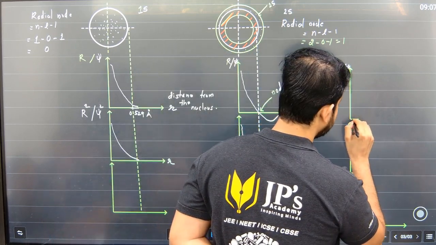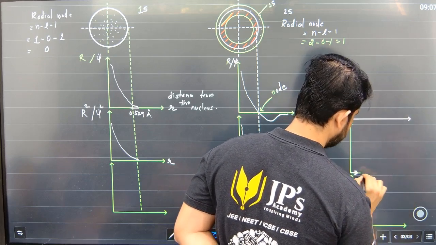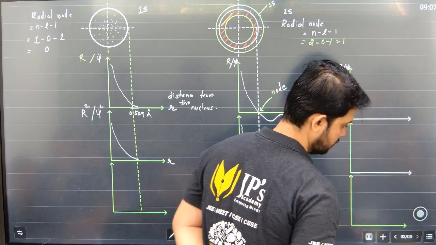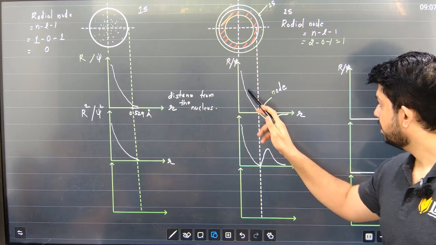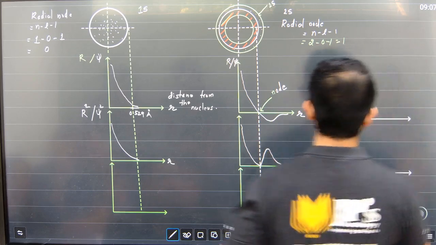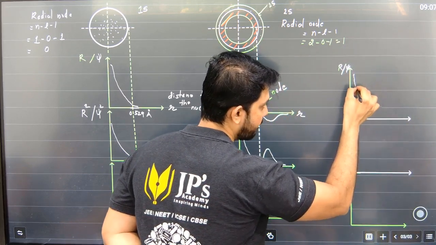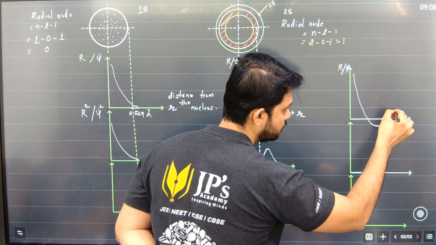Anyone? There will be 2 nodes. It will decrease. How many nodes are there? Yes, in 3s, 2 nodes, which means the wave function psi will cross this line how many times? 2 times. This is 1, 2.